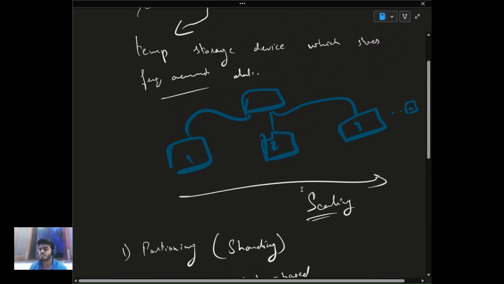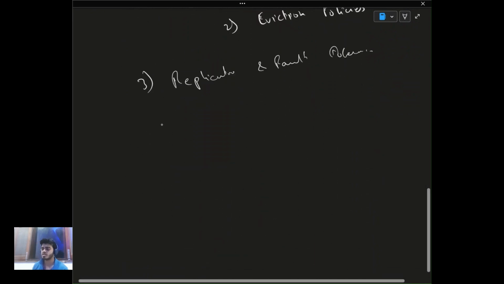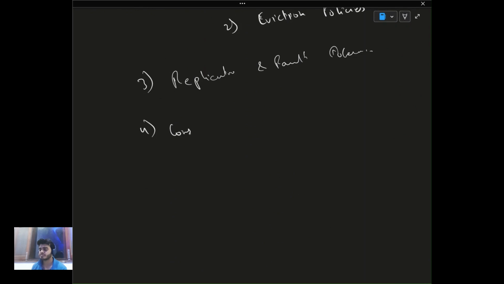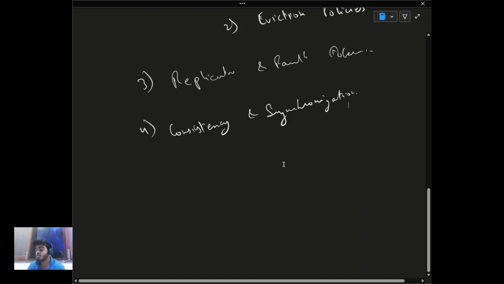Now step four is consistency and synchronization. In a distributed caching system, keeping data consistent is a challenge.